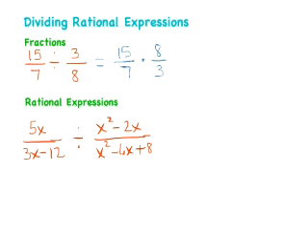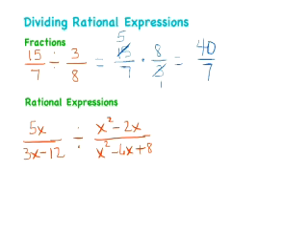Okay? And so now I can do the same thing because I'm now working with multiplication. I can cancel common factors and then do my multiplication to get an answer of 40 over 7. Okay? So the same thing with rational expressions.